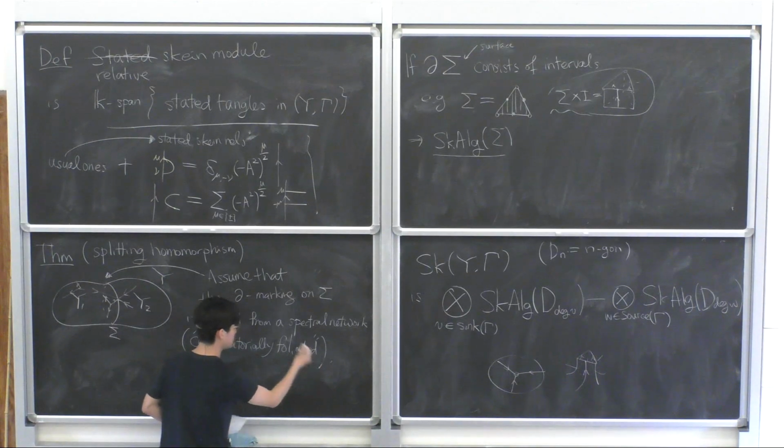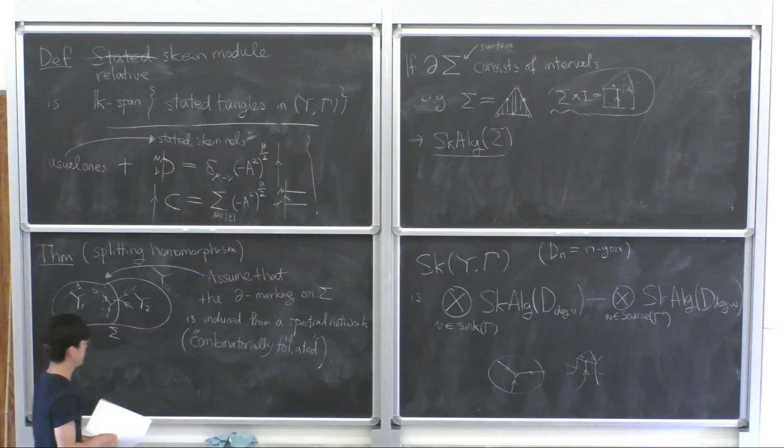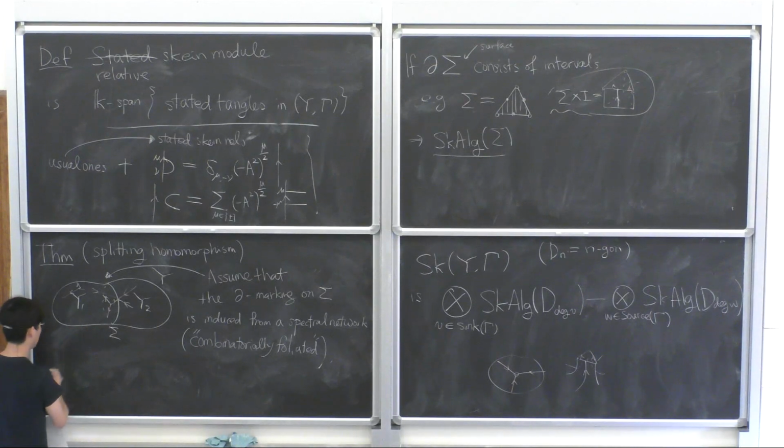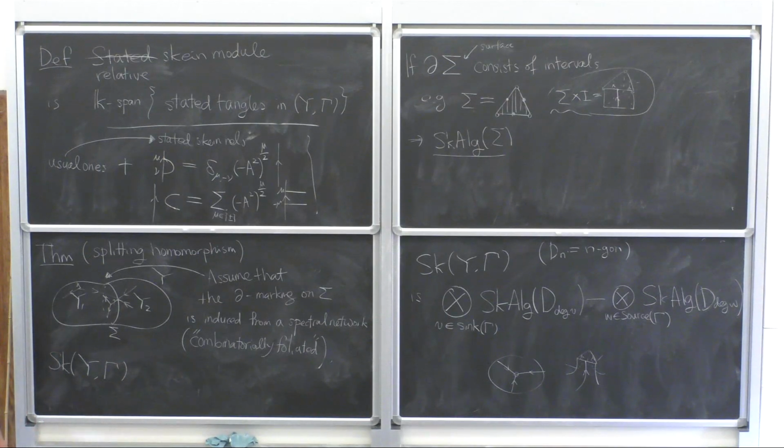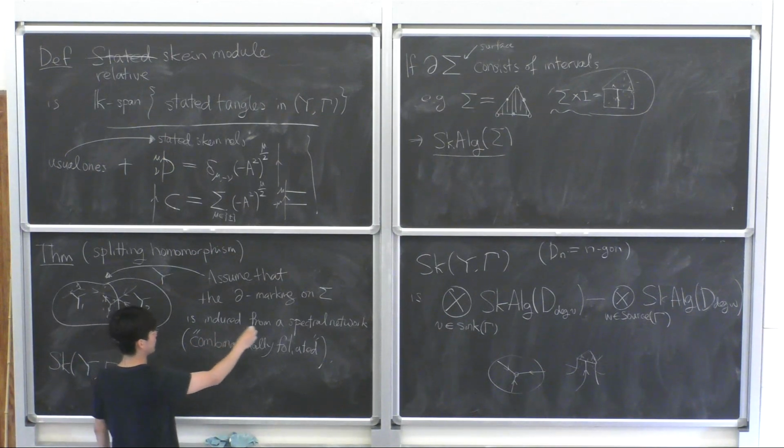Under this slightly technical condition, we have a splitting map, which is a homomorphism from the Skein module.